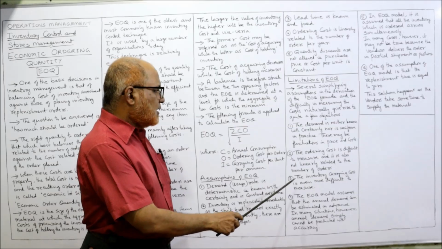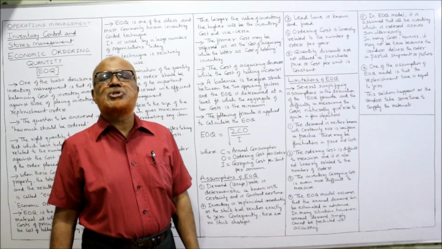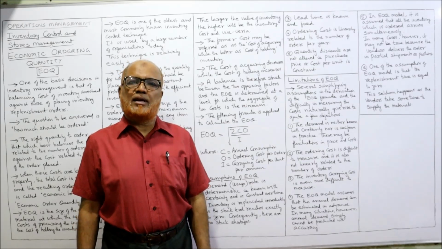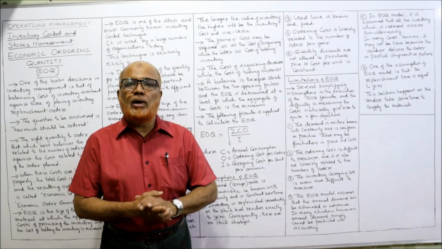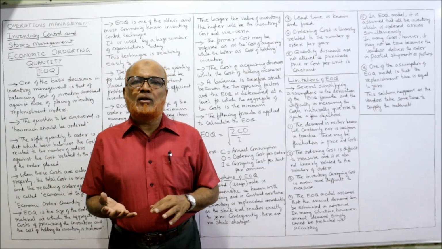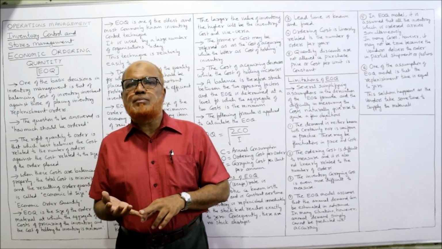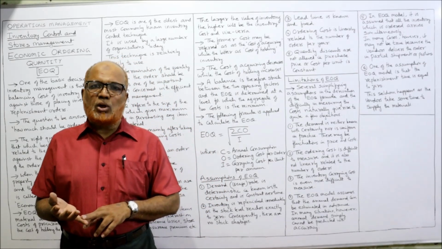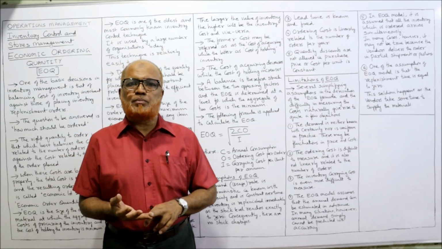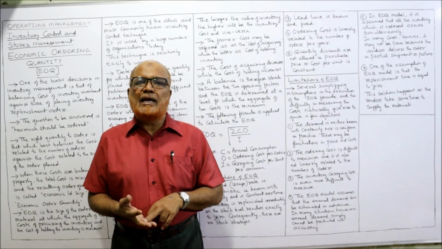And next one is the inventory carrying cost is even more difficult to measure. It's not so easy to calculate the carrying cost or holding cost of inventory. In this holding cost, we have so many costs like interest on investment in inventory, obsolescence losses, rental charges, insurance premium, deterioration loss, pilferage, theft, spoilage.